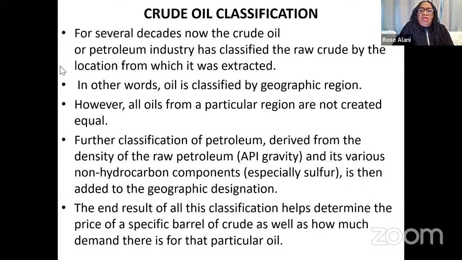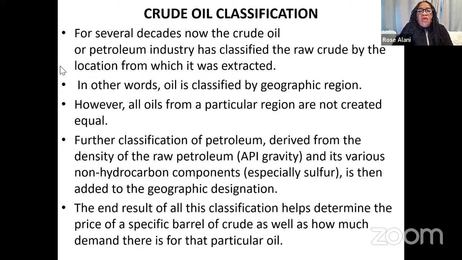So there are other factors also that determine whether crude oil is good or better. That's why it's also important to further classify crude oil based on other factors. One of such factors is the density of the crude oil.